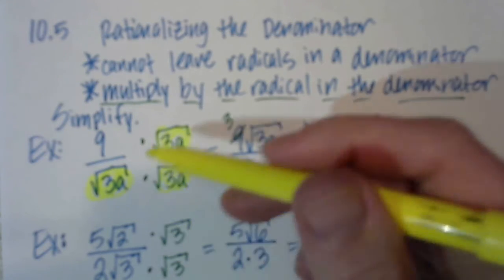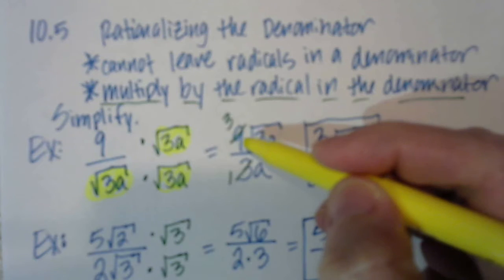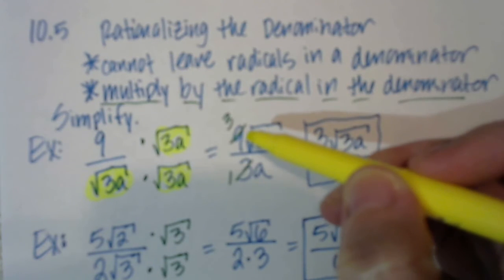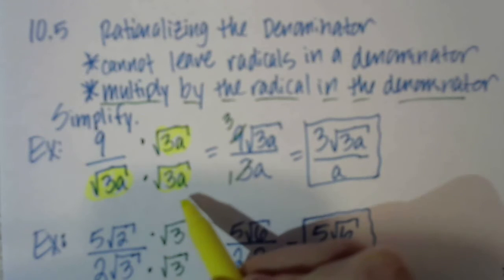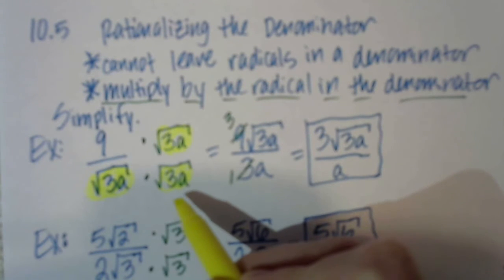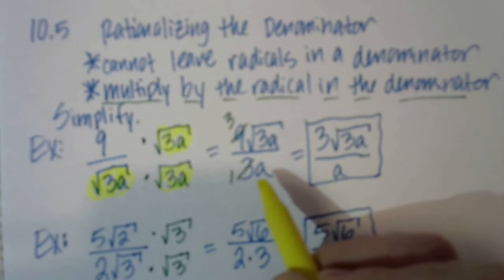Okay? So when we do that, we have 9 times radical 3a. That gives me 9 square root of 3a. On the bottom, we have the square root of 3a times the square root of 3a, and we've learned in section 10.4 that that means I'm just going to have regular 3a.